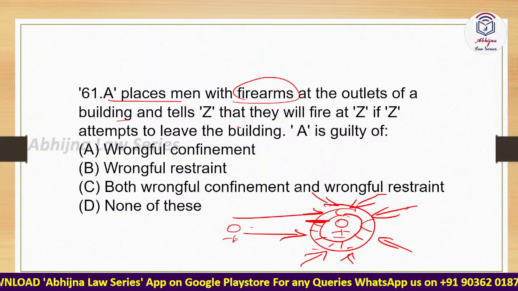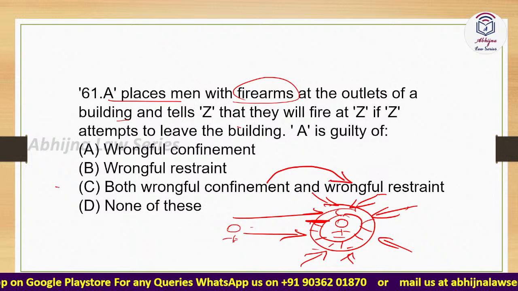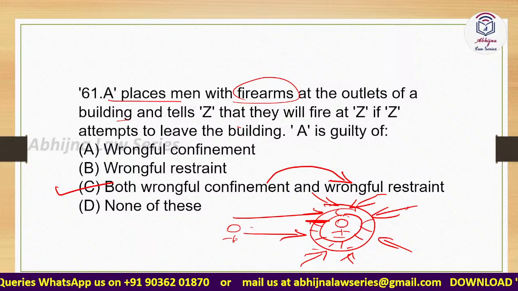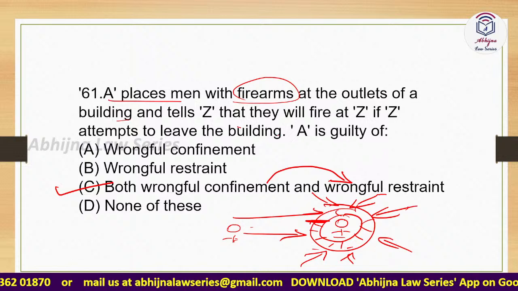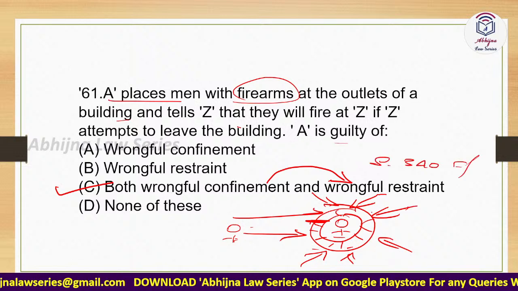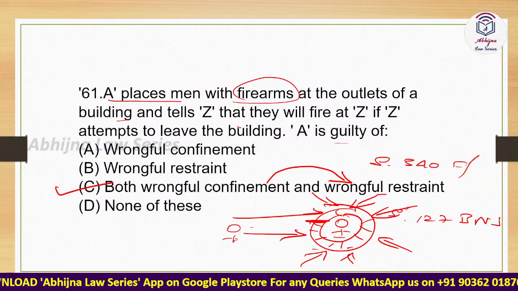So wrongful confinement is one of the forms of wrongful restraint. So he has committed the offence of both wrongful confinement and wrongful restraint. Actually this is the definition given under wrongful confinement. So we can say section 340 IPC or section 127 BNS.